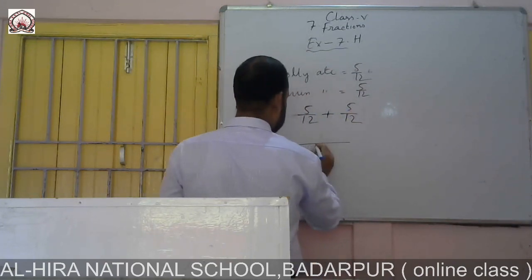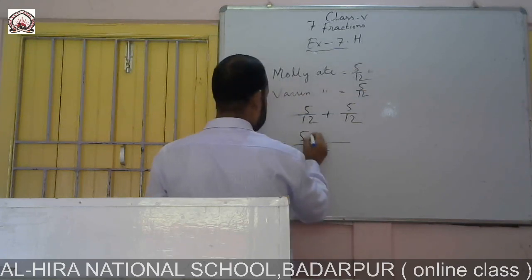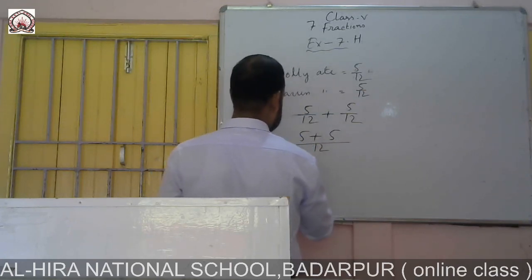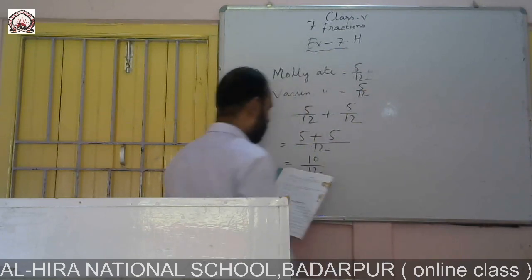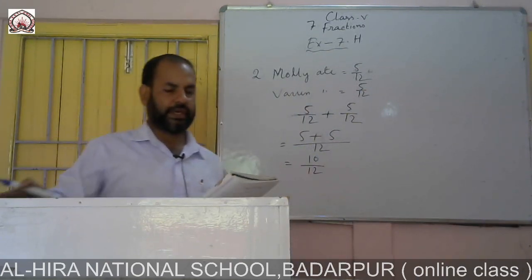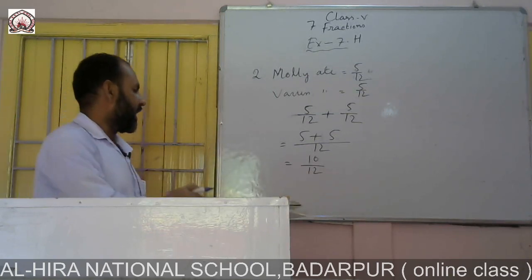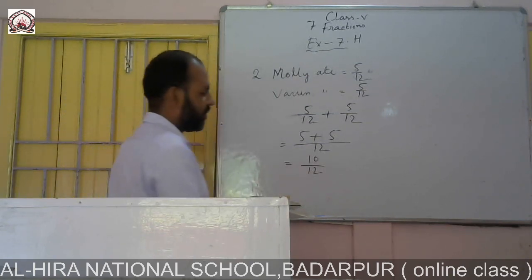The LCM is 12, so 5 plus 5, 10/12. So both of them ate 10/12 portion of cake.